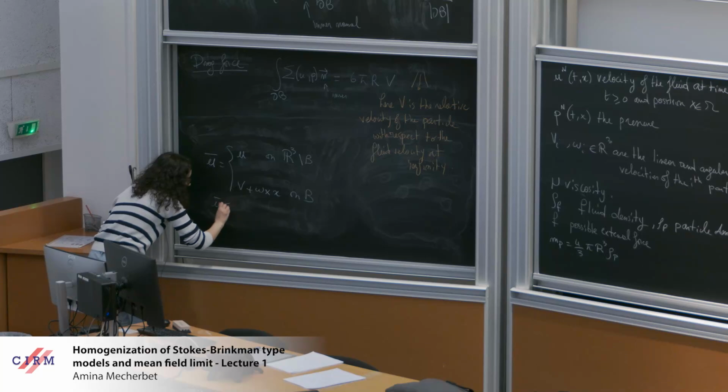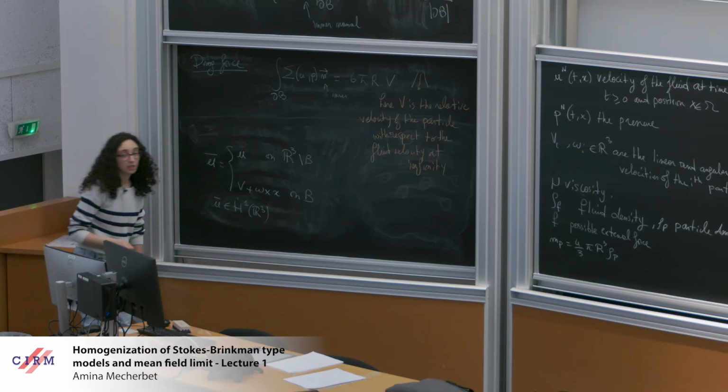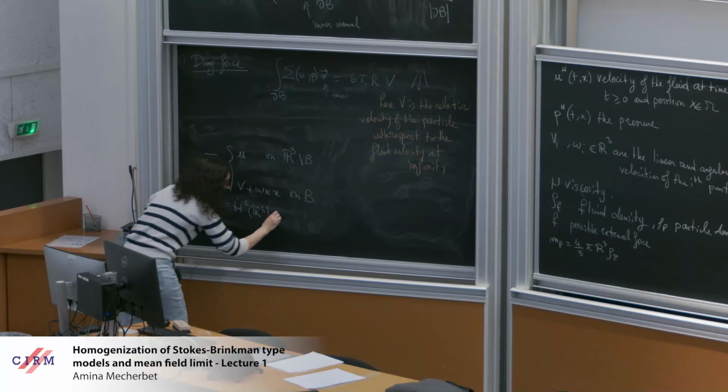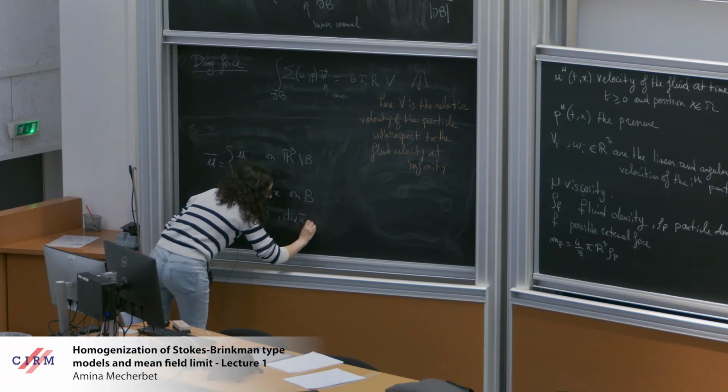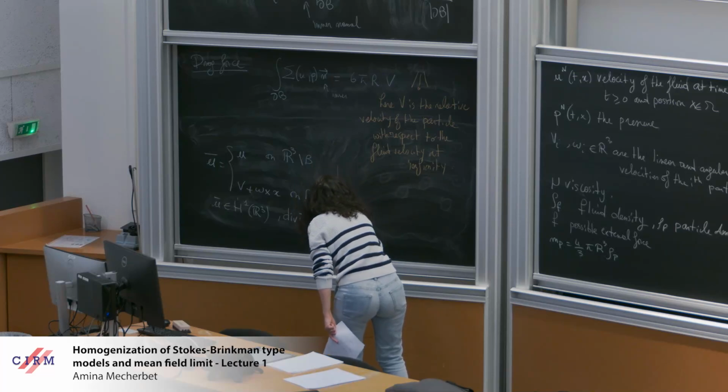So U bar is in H1 dot, and its divergence is 0 in the whole space, and it solves the following Stokes equation.